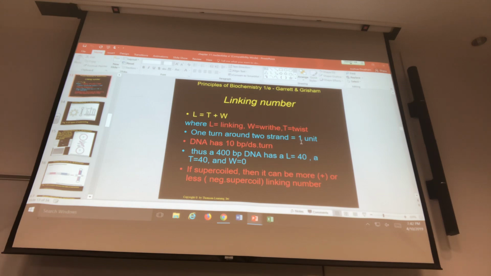If you have positive writhe, it's going to be higher than what you expect. If you have a higher linking number than what would be calculated with 0 writhe and whatever amount of twists, that's describing positive supercoiling. And if you have a linking number that's less than expected, that is negative supercoiling.